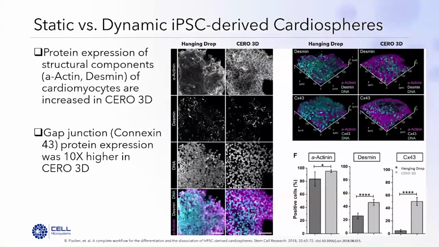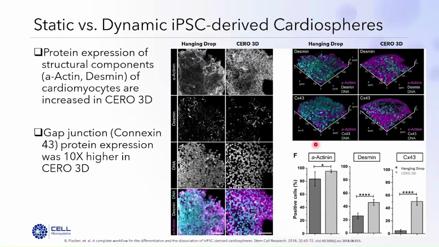So to further characterize these cardiospheres, they looked at protein expression by staining the cardiospheres. So here in this right panel, you're looking at the Zero 3D, and you can see that for the structural proteins they were interested in, actin and desmin, the Zero 3D cardiospheres have elevated expression, which is evidenced here by the bar graph. Further, they looked at connexin 43 expression. Now, connexin 43 is involved in the propagation of the action potentials, ensuring synchronized contraction of the cardiospheres.